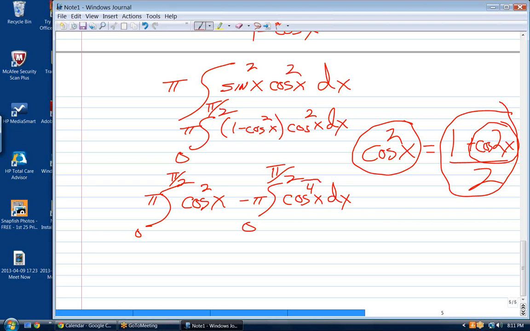And I'm going to take this cosine to the fourth of x and break it up twice. You have to just keep breaking it up.